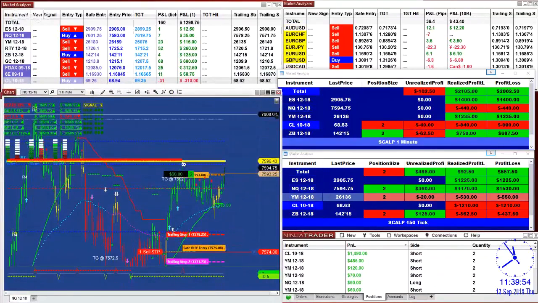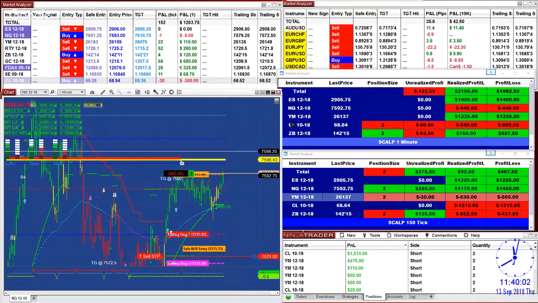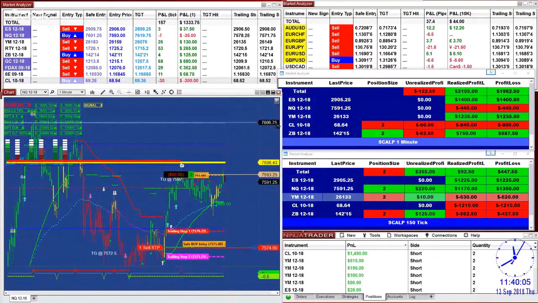We have concern on the NASDAQ at 95.75, and then we have 97.25. This is really hard. Let's see. This is going to drive you crazy.